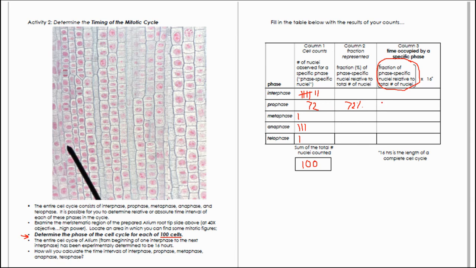So 72 turns into 0.72 times 16, because that's the length of the complete cell cycle. And then you're going to come up with whatever that number is. And that number then represents the amount of time that each of these cells spends in that phase out of 16 hours.